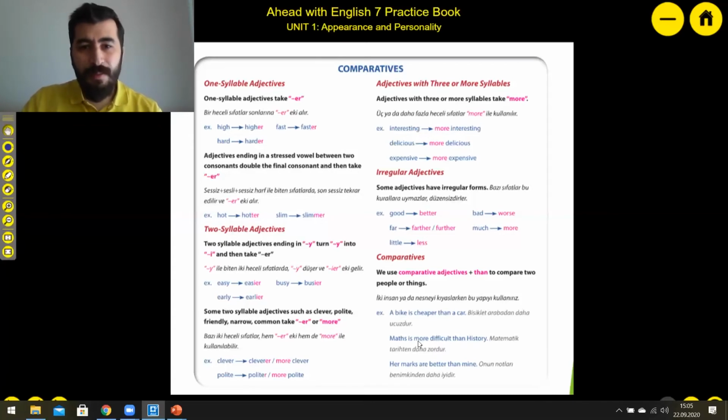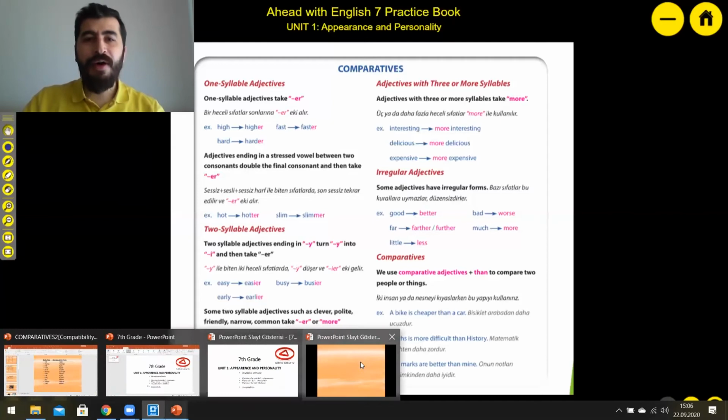No. We say more difficult. Math is more difficult than history. Look at that Turkish explanation here. We don't forget than when we compare two people or things. Her marks are better than mine. Good, remember good, we don't say gooder, we use better. Don't forget this.